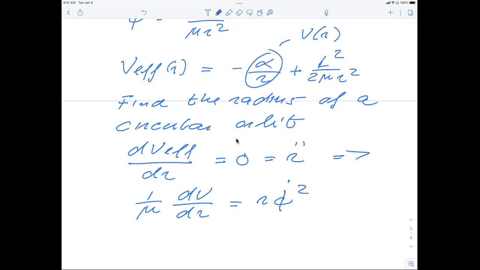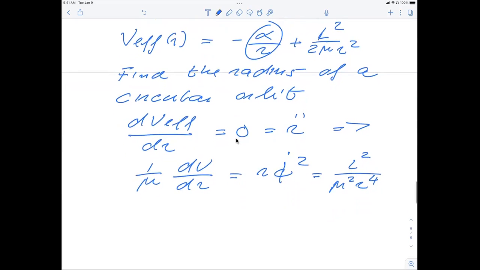And then we can plug in the value for the angular momentum. So that means that what we have here is actually an L squared when we're plugging this in, divided by mu squared and r to the power of 4. And we know that this derivative here gives us alpha divided by mu r squared.